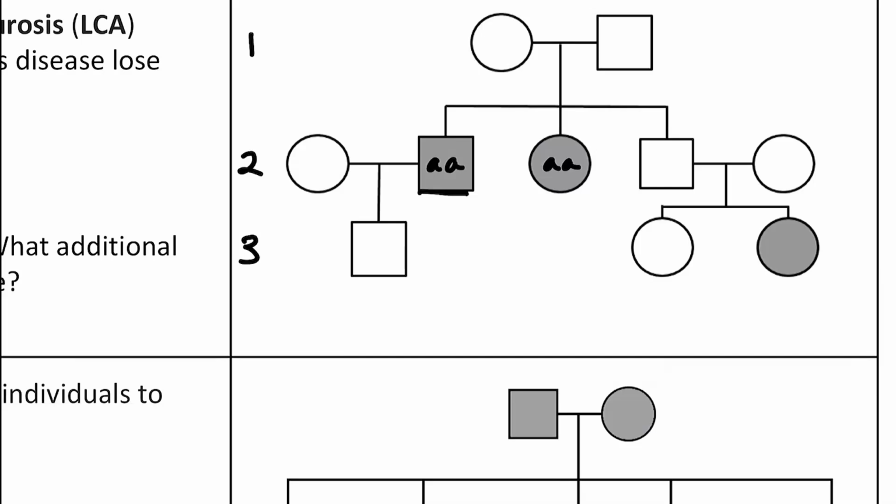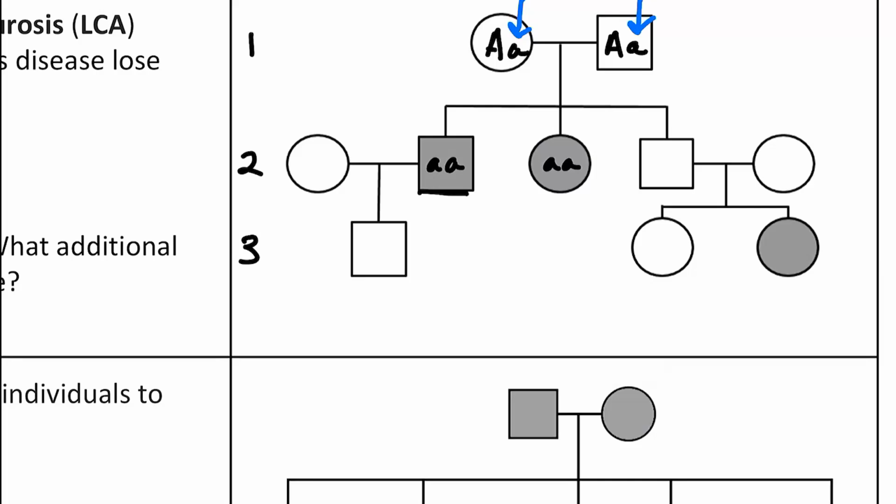They both have to deliver at least one mutated allele or recessive allele. So it makes sense that they must be a, and heterozygotes are carriers. It must 100% make sense because they both have to deliver one recessive allele for this to happen.